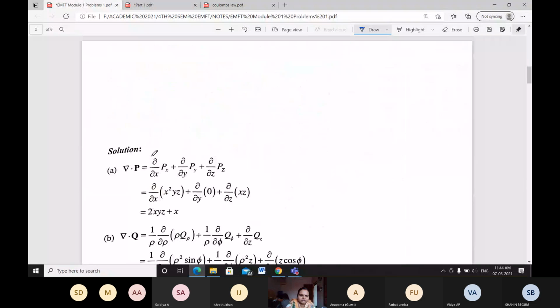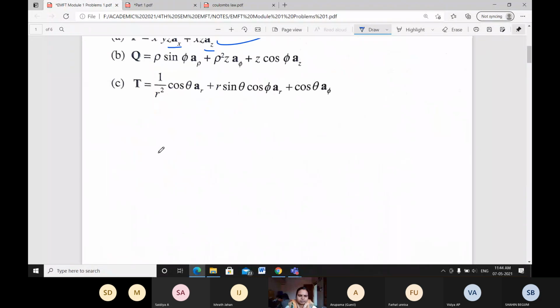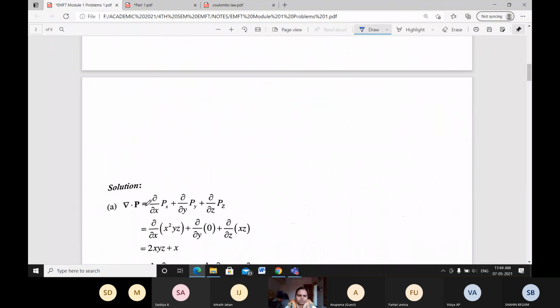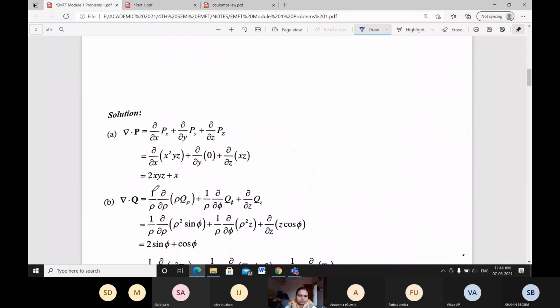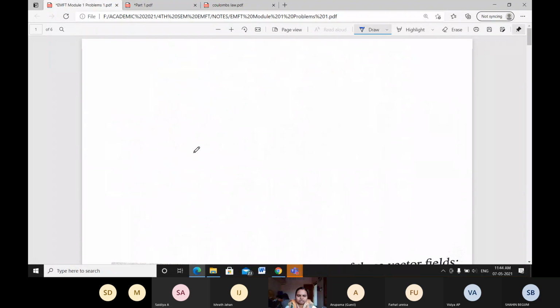Here, del dot P is ∂/∂x of Px plus ∂/∂y of Py plus ∂/∂z of Pz. What is the x term in this case? It is x squared yz, and that is what is taken here, ∂/∂x of x squared yz.